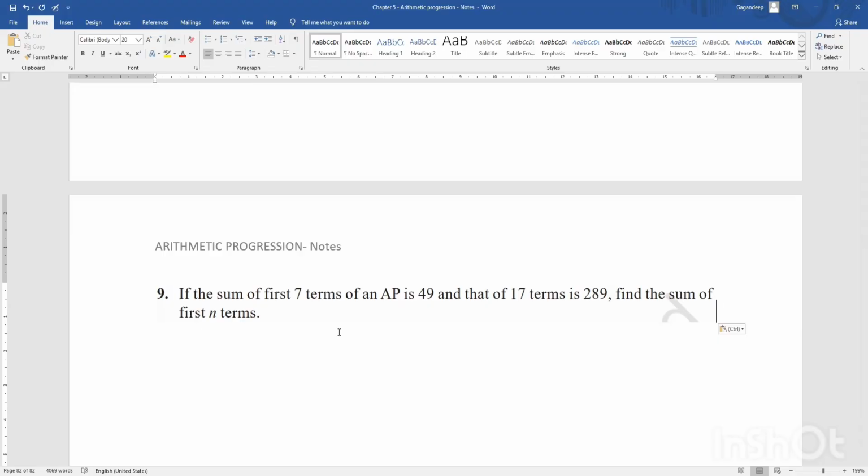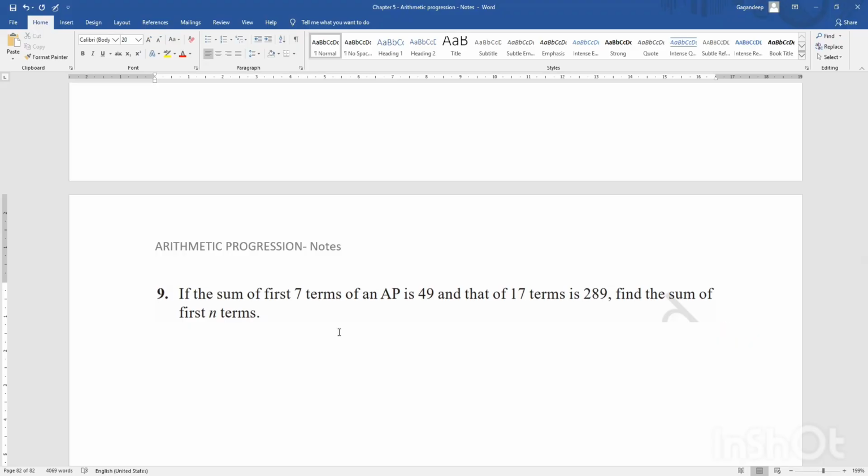So in this problem, what is given? They are given the sum of first 7 terms, that is S7. S7 is equal to 49. And the first 17 terms, that is S17 equals 289. Okay. Now I need to find out sum of first n terms. So that means Sn equals question mark.